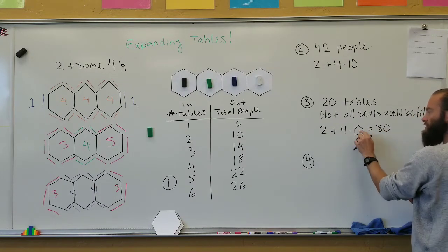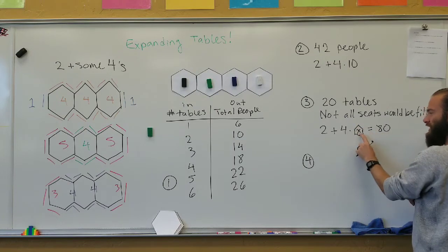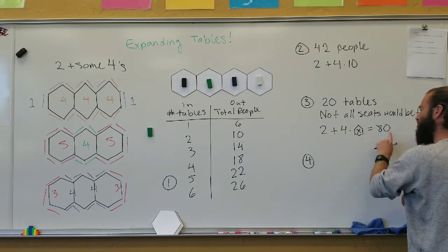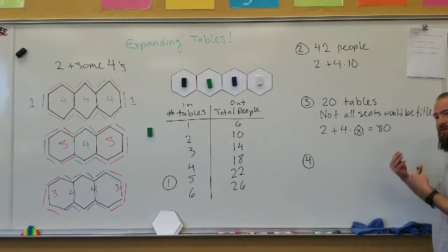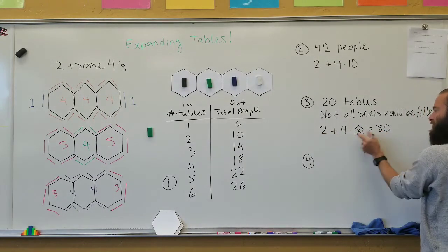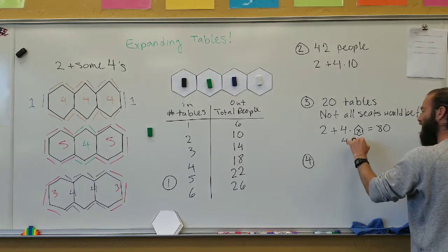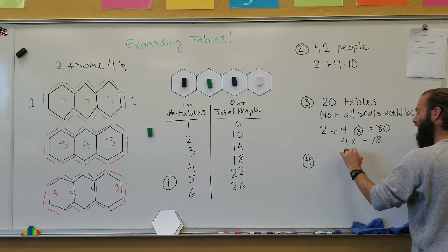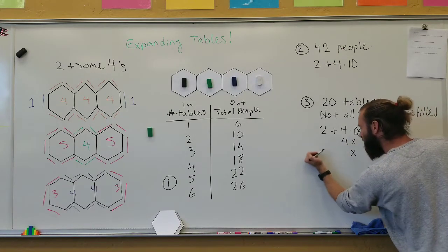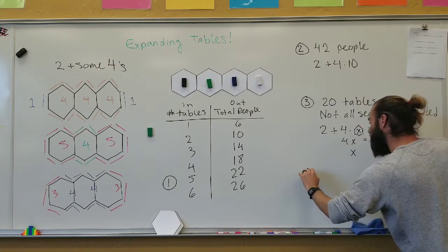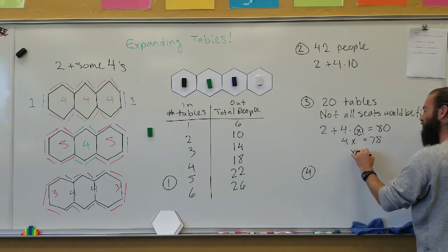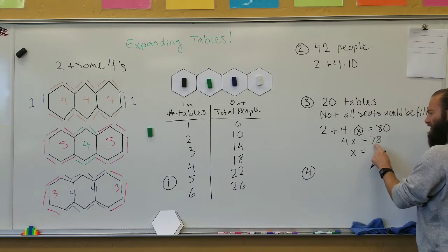Because this is saying some number, and I'll change it to an x there, some number times 4, plus 2 equals 80. So to reverse that, to backtrack it, we're going to subtract 2 and then divide by 4. So what I get here is 4x equals 78, and then x equals 78 divided by 4.